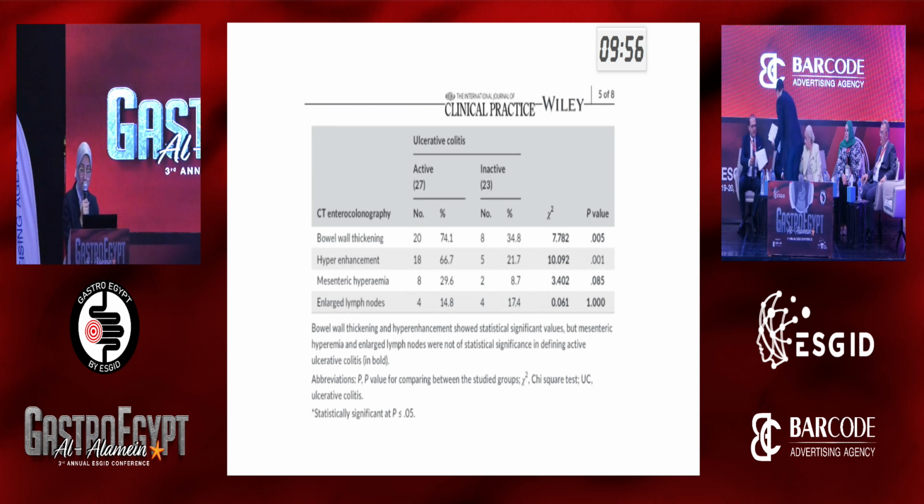Regarding CT enterocolonography, bowel wall thickening was present in 74% of active cases and only 34% of inactive cases. Hyperenhancement was present in 66% of active cases and only 21% of inactive cases. Mesenteric hyperemia was more significant in active cases than inactive cases, but enlarged lymph nodes were equal in both groups.